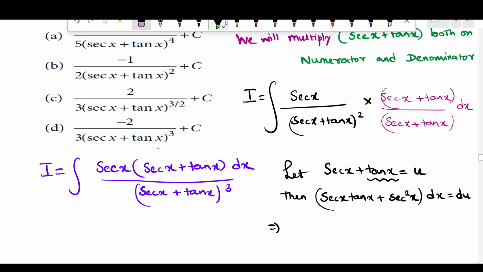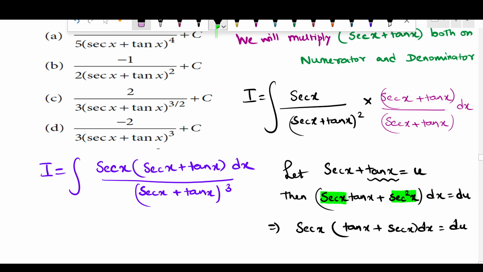Now taking out secant x from this expression, we get secant x tan x plus secant x here, dx equals du.